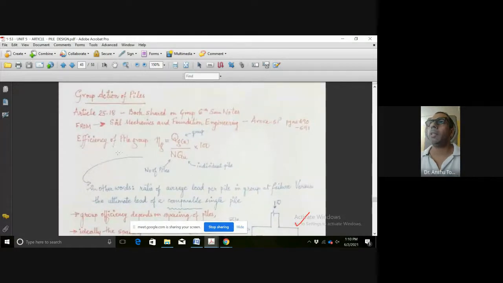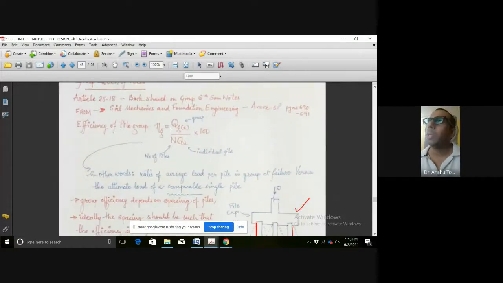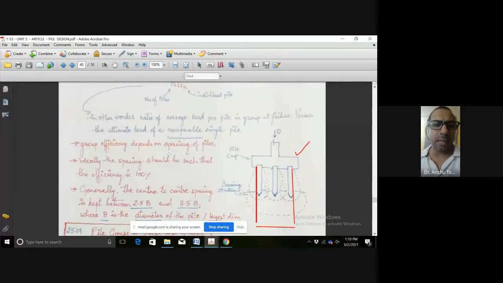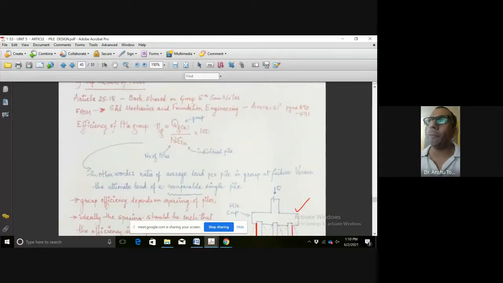So the efficiency of a pile group is evaluated as the total capacity of the pile group, that is QG, based upon the block of the combined action of the pile group, divided by the individual pile capacity into n. n means number of piles.